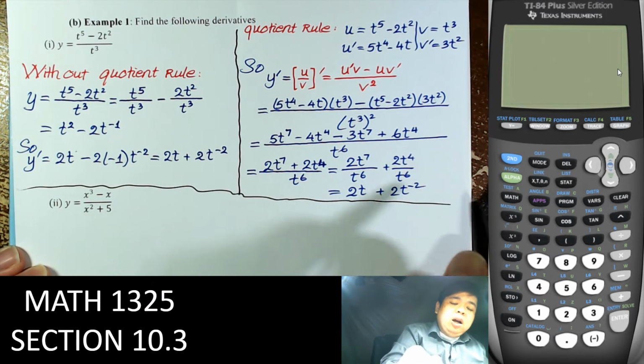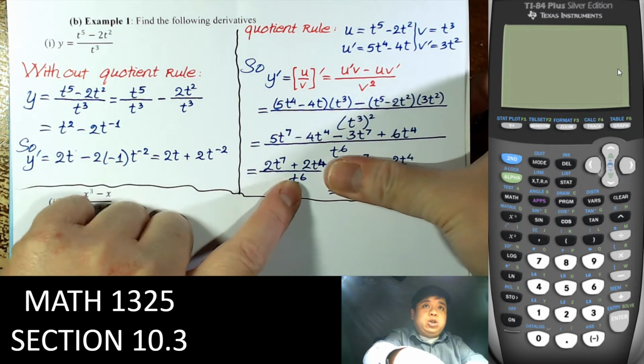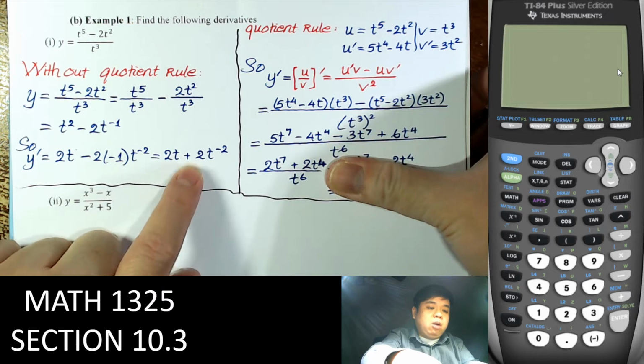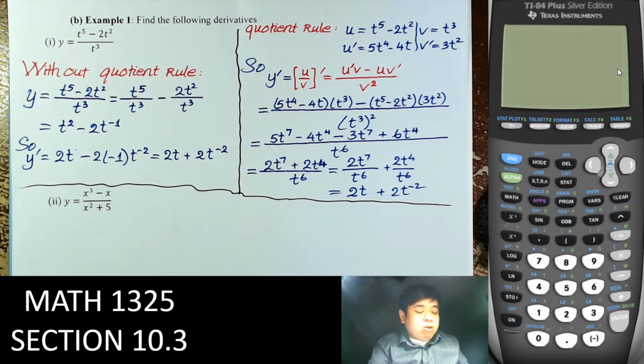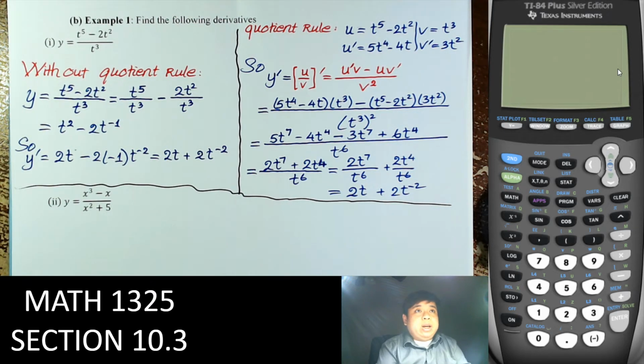By the way, depending on what form we want, sometimes there's an advantage to stopping the problem at one step, and sometimes at another. I'm just going to work this out so we show that they are the same. So in this one we can use the quotient rule or not, it doesn't really matter. Of course I prefer this way because the power rule is the most fundamental, and if we can stick with that, it will be easier.